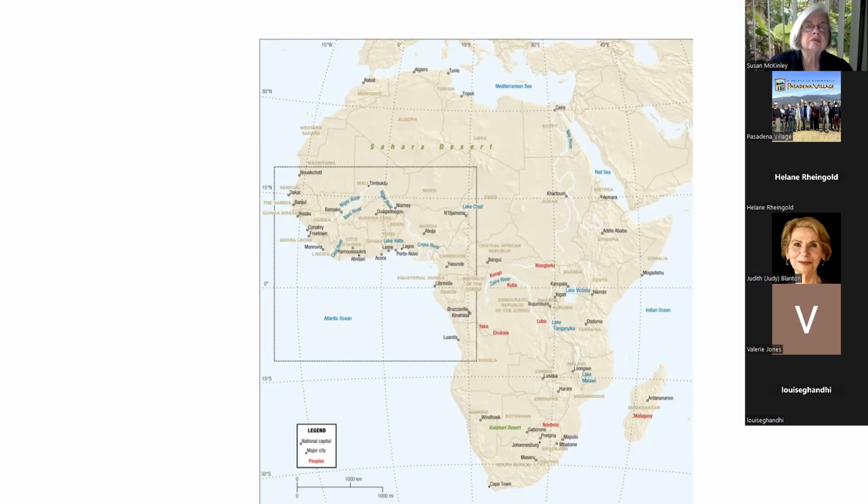The slave trade to the Western Hemisphere basically started about 350 years ago, but it was ongoing for hundreds and hundreds of years. The Arabs traded African slaves into the subcontinent of India and beyond.